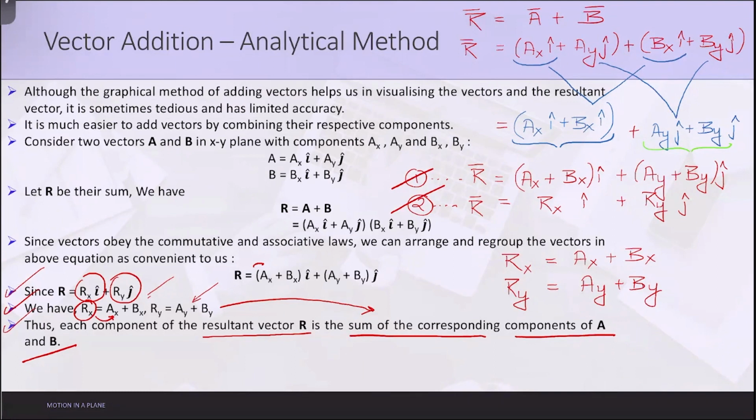That is the mathematical form written in theoretical form. Again, each component of the resultant vector r is nothing but the sum of the corresponding components of a and b. Fine, let's move on.